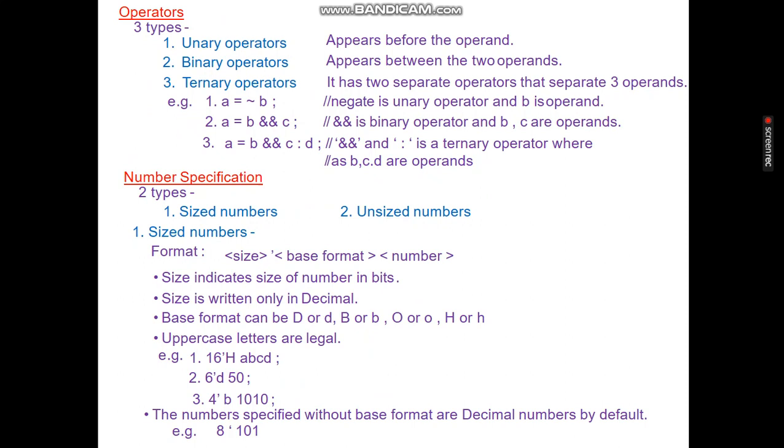A unary operator appears before the operand and operates on one operand, that is, there is only one operand. A binary operator appears between two operands, that is, two operands are there. A ternary operator has two separate operators that separate three operands.